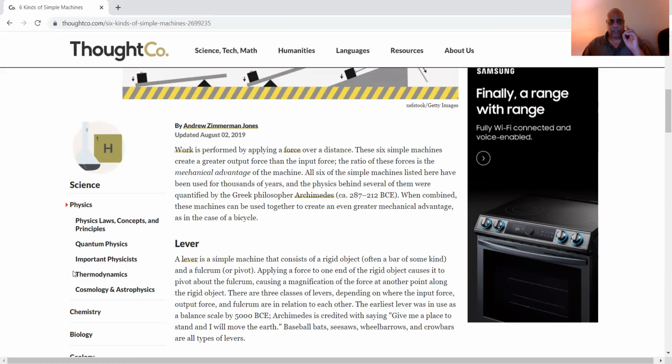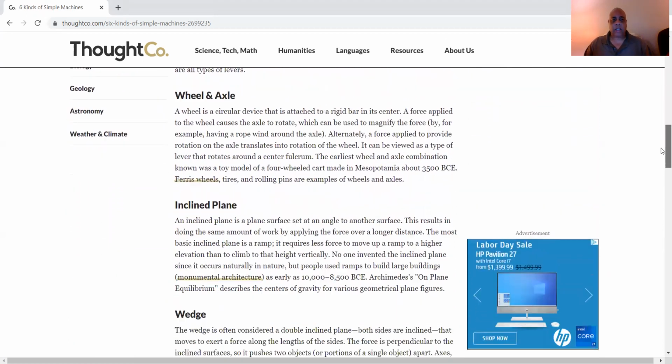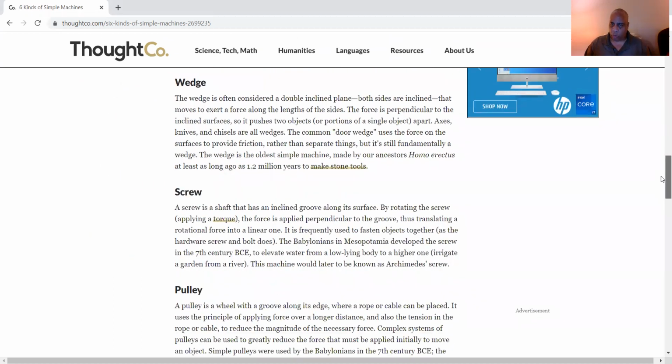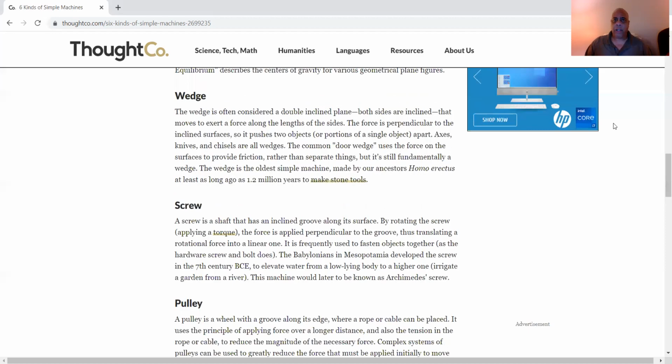Again, there are 6 simple machines: the lever, wheel and axle, inclined plane, wedge, screw, and of course, pulley. And that concludes this topic on the 6 simple machines.